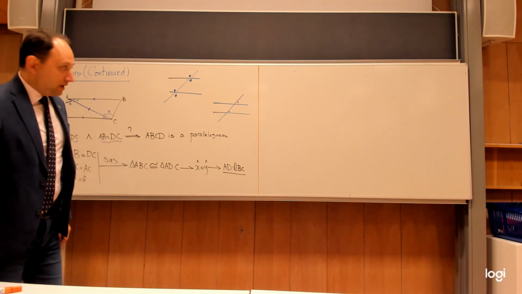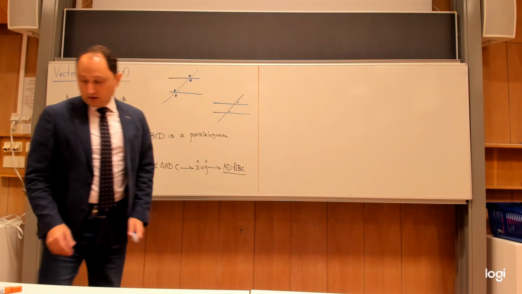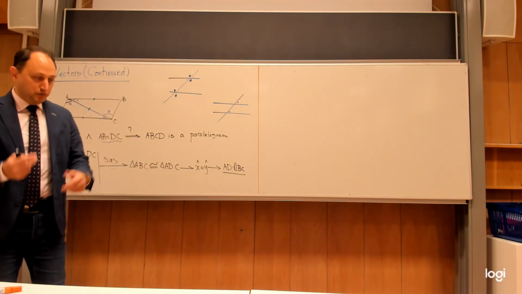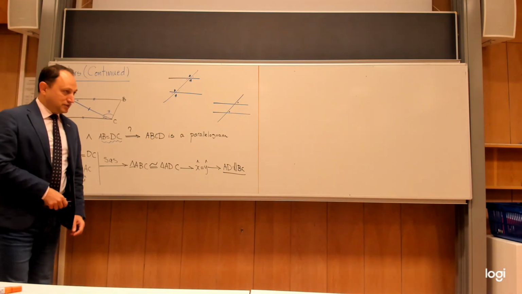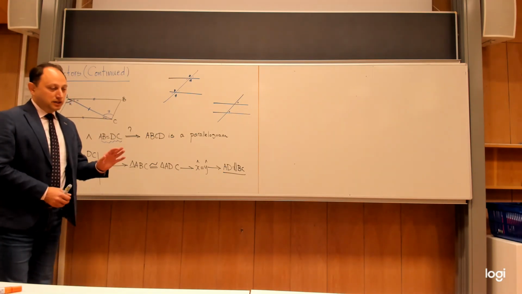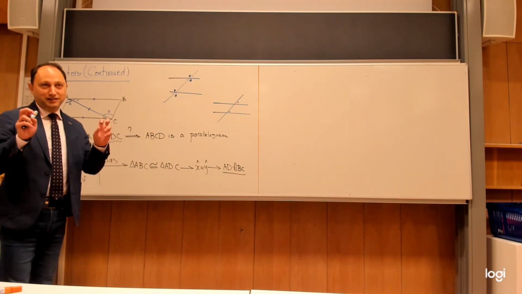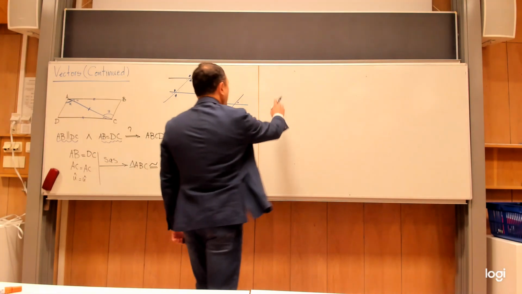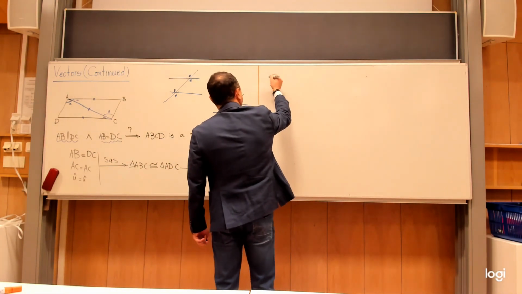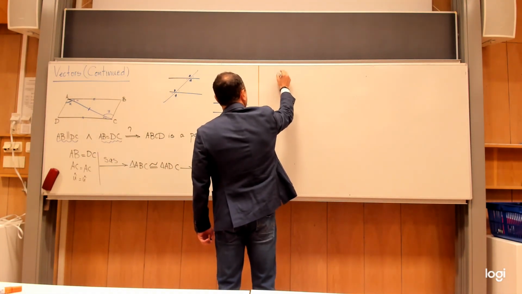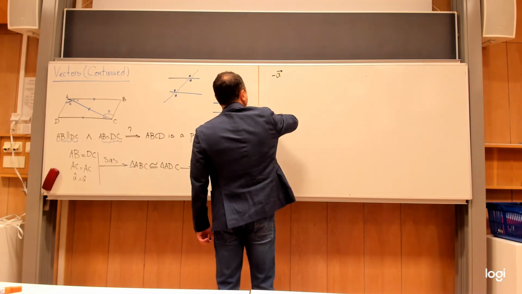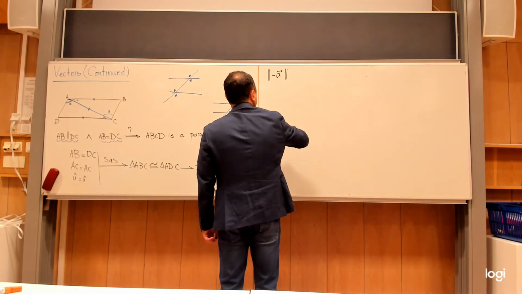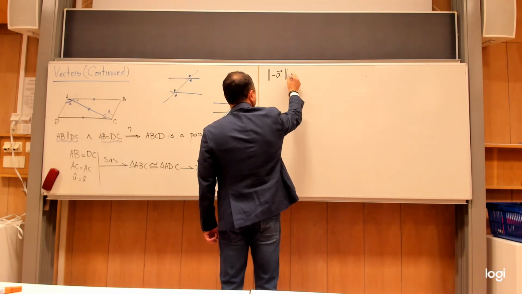So we talked about vectors, and then we introduced two operations. One operation, actually, should be between two objects of the same set. So we learned how to multiply a negative sign by a vector. Yes? So for example, if I have a vector A and I consider negative A, and then I consider the norm of negative A, what can I write in front?